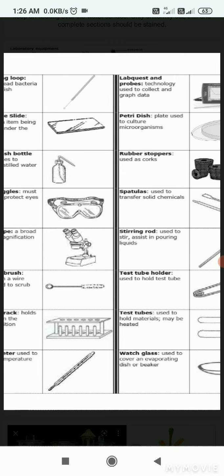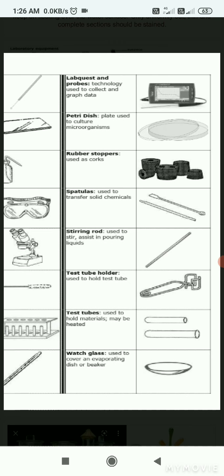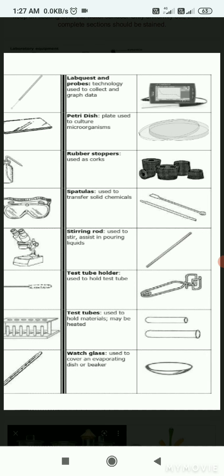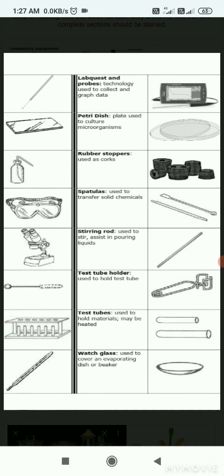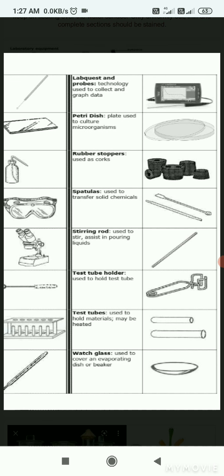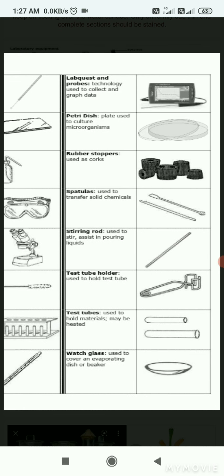This one is the thermometer. Likewise, here are the lab quest and probes. Then these are the petri plates, rubber stoppers, spatulas, stirring rod which is a glass rod used for assisting in pouring liquids into different glasswares.